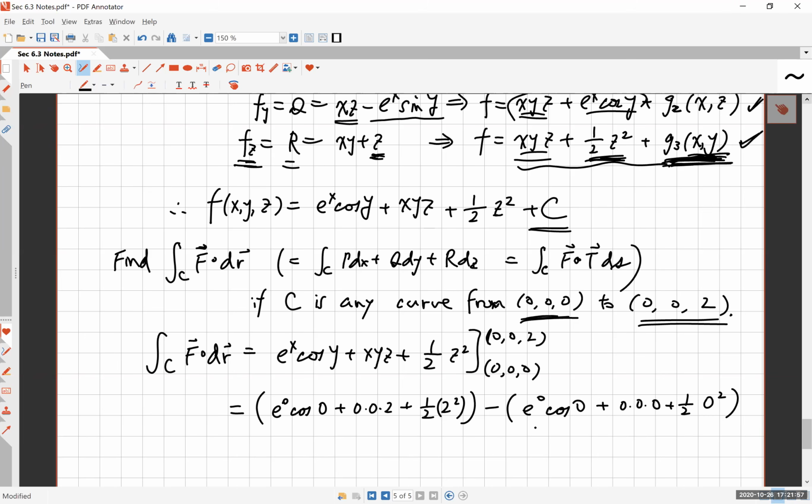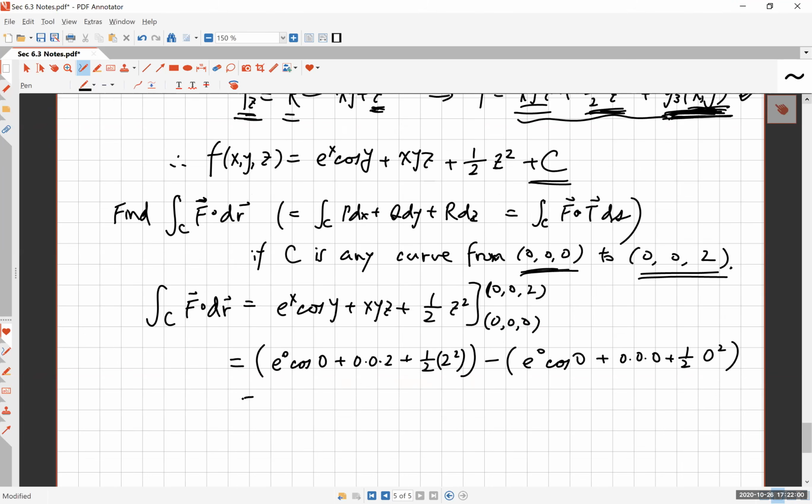Okay, of course, that last part is, well, okay, let's figure this out. This part is actually not even 0 here, right? It's 1. But of course, it's going to cancel with this, so I guess it doesn't matter. But it's 1 plus 0 plus 2 minus 1 plus 0 plus 0. Okay, so it turns out to be 2. That is the answer to this question. How much work is done by vector field F along the curve from 0, 0, 0 to 0, 0, 2? And the answer is 2.